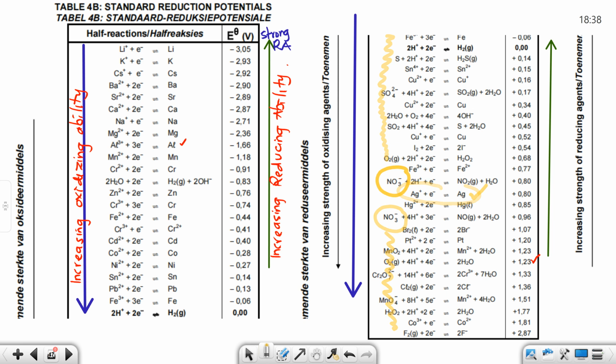Now, there is NO3 here and there's NO3 here. The fact that we have NO3 here means this will be oxidized because NO3 is at the bottom. I am seeing silver and I'm seeing NO3. This one would be the anode, so this one would be oxidized.